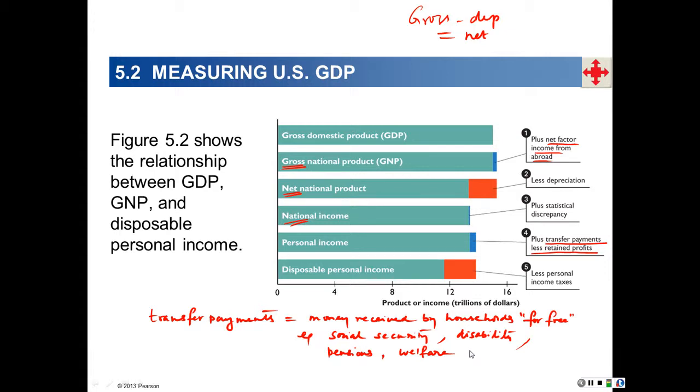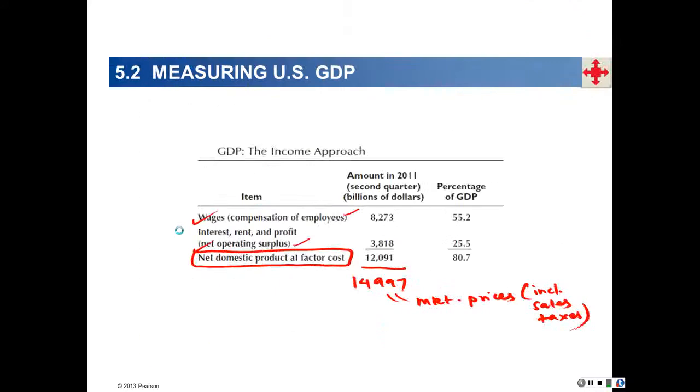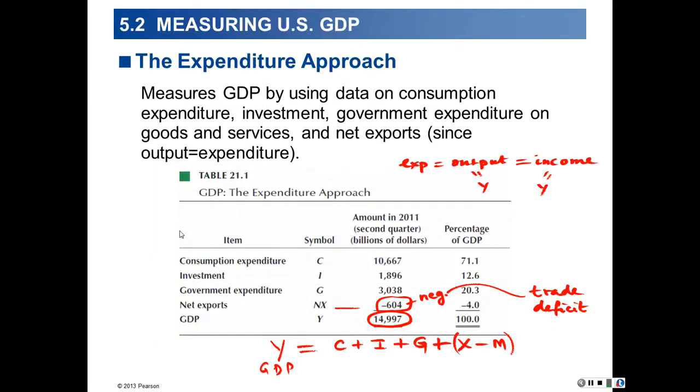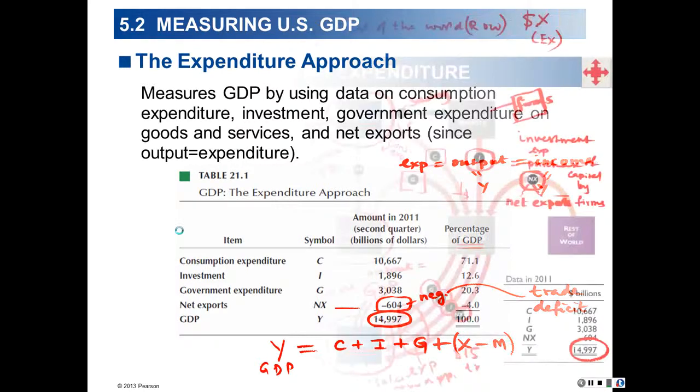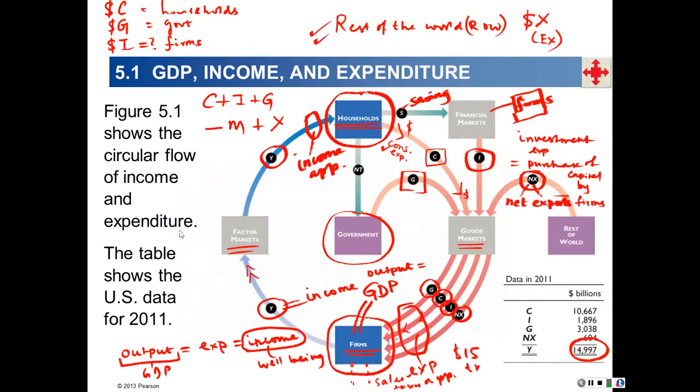So when you look at the income of households, I'm going to go back to my circular flow quickly. In this circular flow, this money that is going this way, this payment that is flowing from firms to households, does that include Social Security and pensions and so on? They don't.